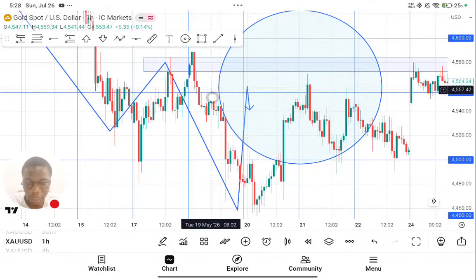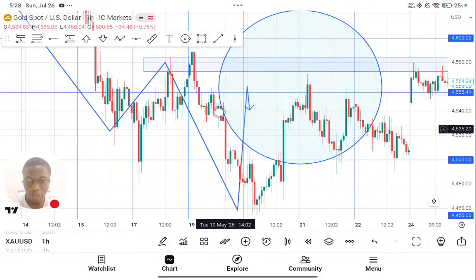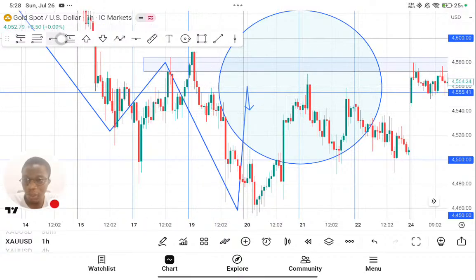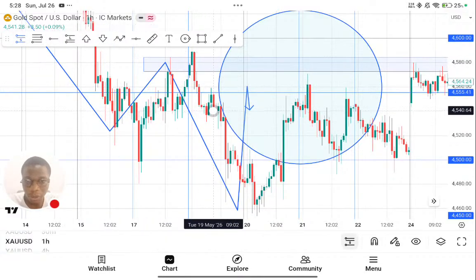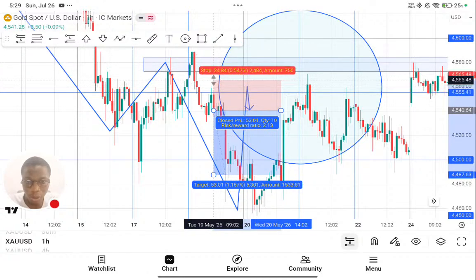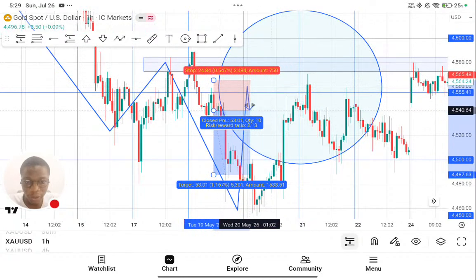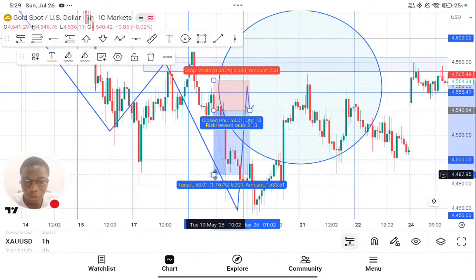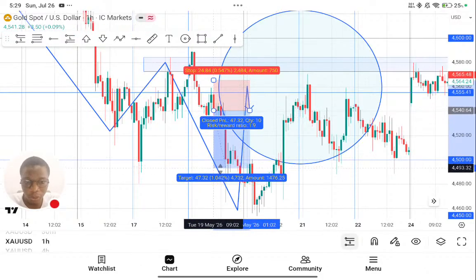Look at this guy again, engulfing, and look at what happened. So every time you see this, it is an indication that at this zone there was a battle. Price broke, came back to retest. Look at another sell signal from this point. Stop loss some pips above it, and you target double of what you risk, which is 1 to 2.